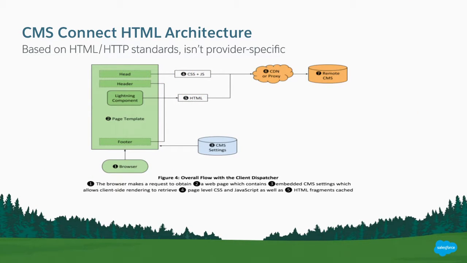Architecture is based on HTML and HTTP standards, and it's a generic architecture and not based on a specific provider. The way it works is in CMS setting, you provide the public CMS server information, and during client-side rendering, an XHR call is done to get the content.